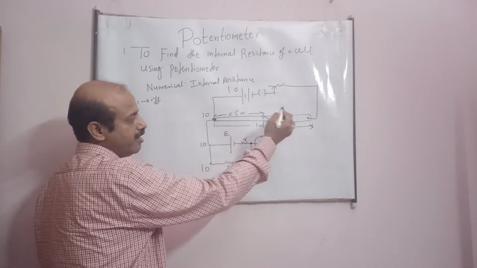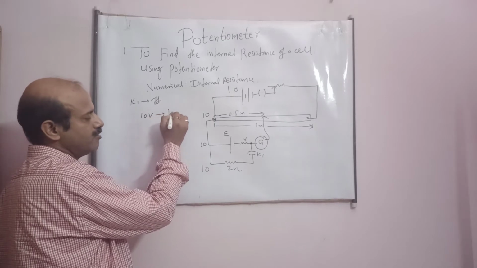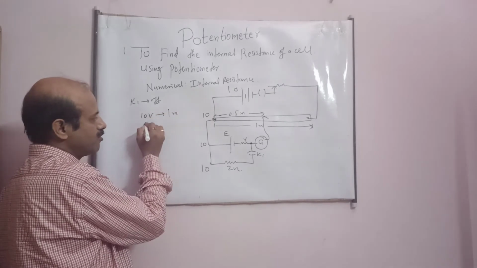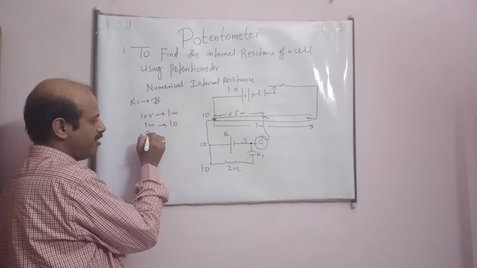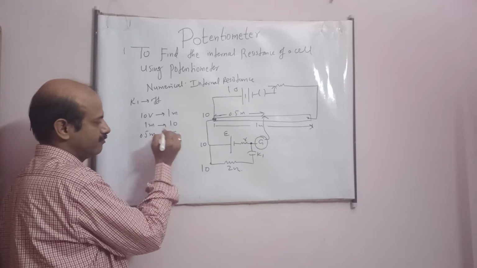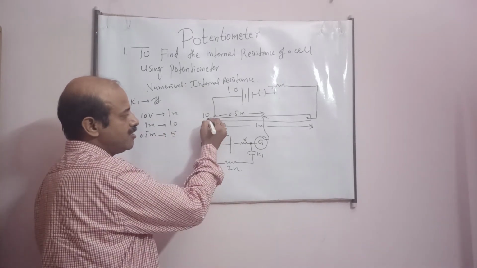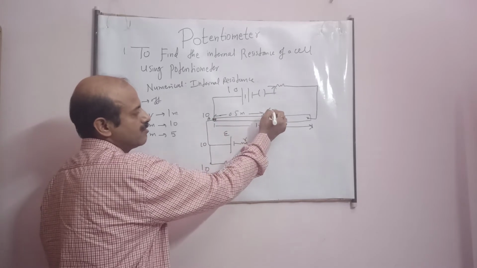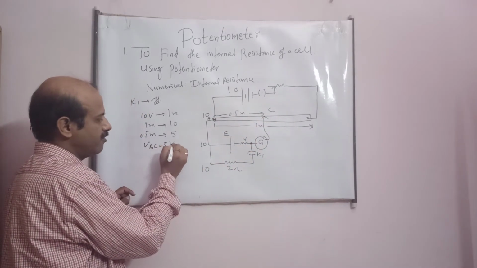Now I have taken 10 volt potential drop, and the length is 1 meter. So for 1 meter the potential drop is 10. For 0.5 meter, how much is the potential difference? It is 5 volt.